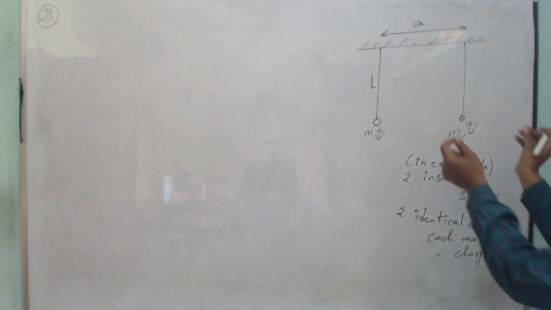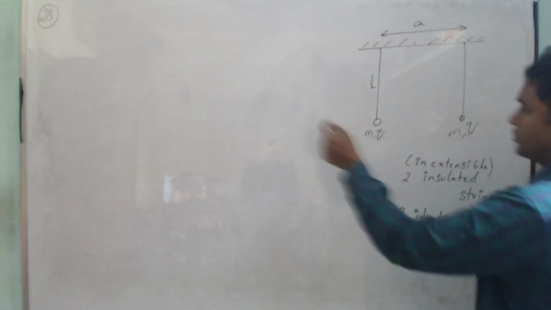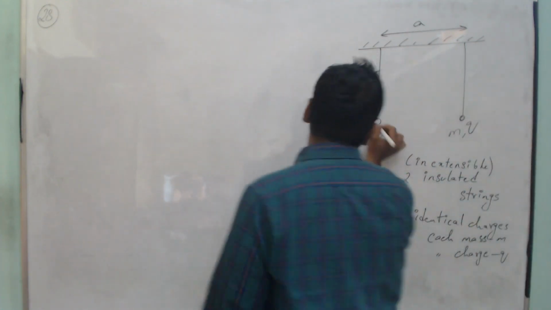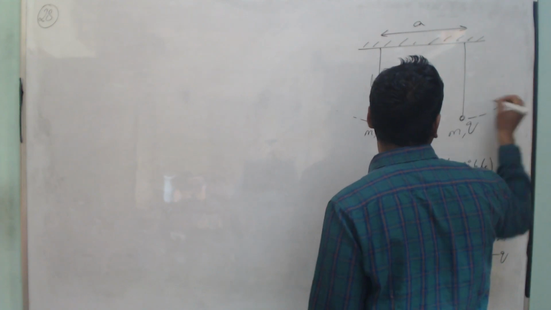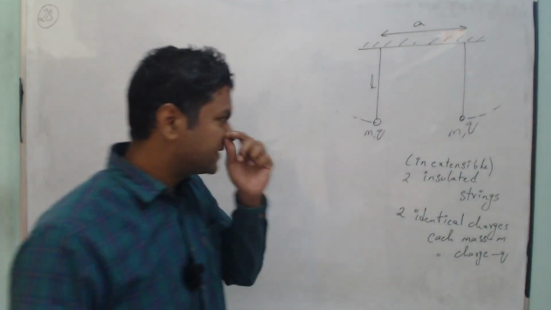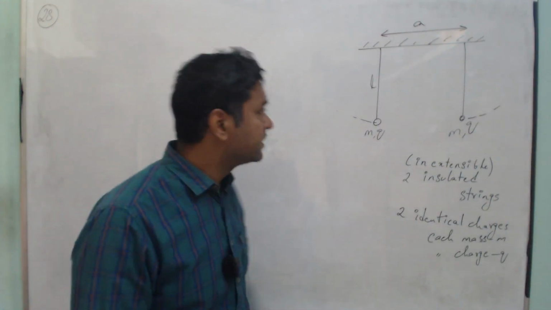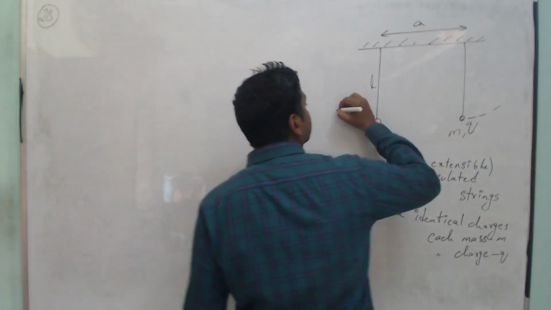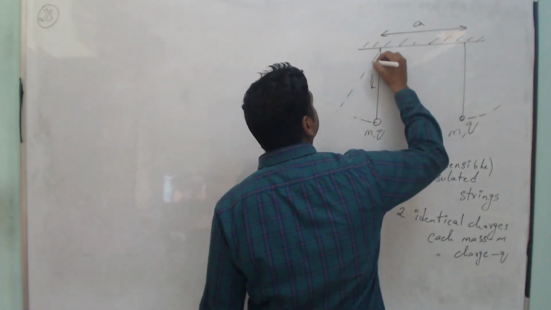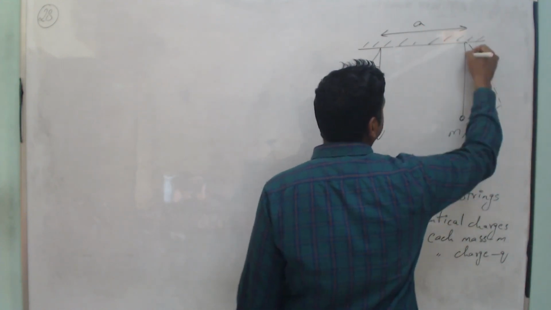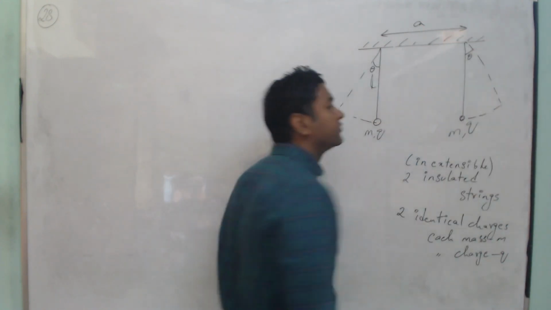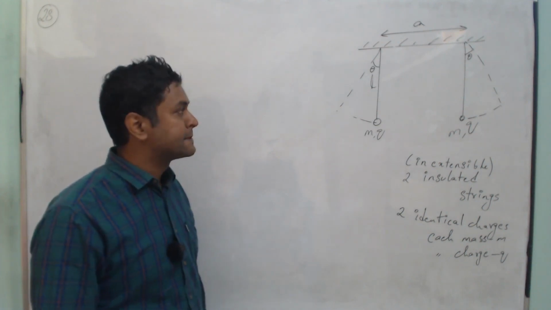Now, what will happen when you leave it like this? Both the charges will go away from each other, right? Because of identical charges, I can say that the angle theta that comes out will be the same.